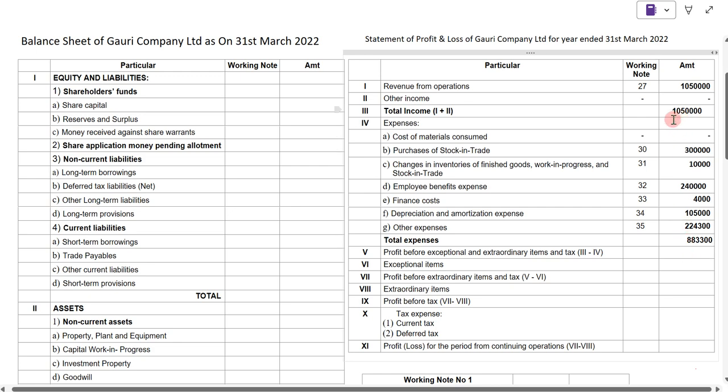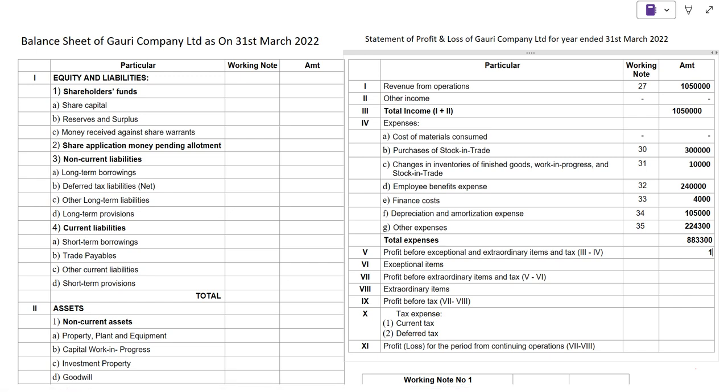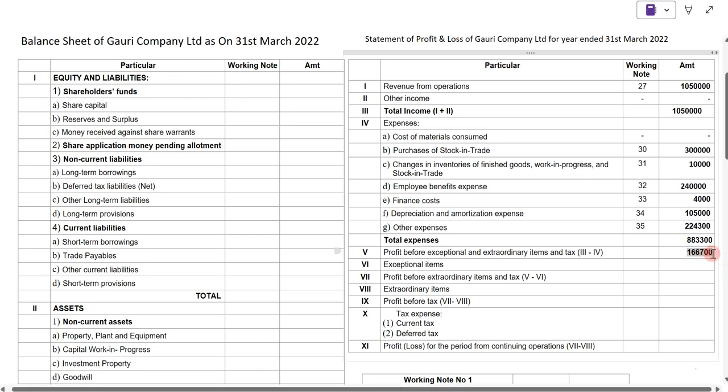So what is the profit? 10 lakh 50,000 minus 8 lakh 83,300, we get 1 lakh 66,700. So this is the profit for the current year.